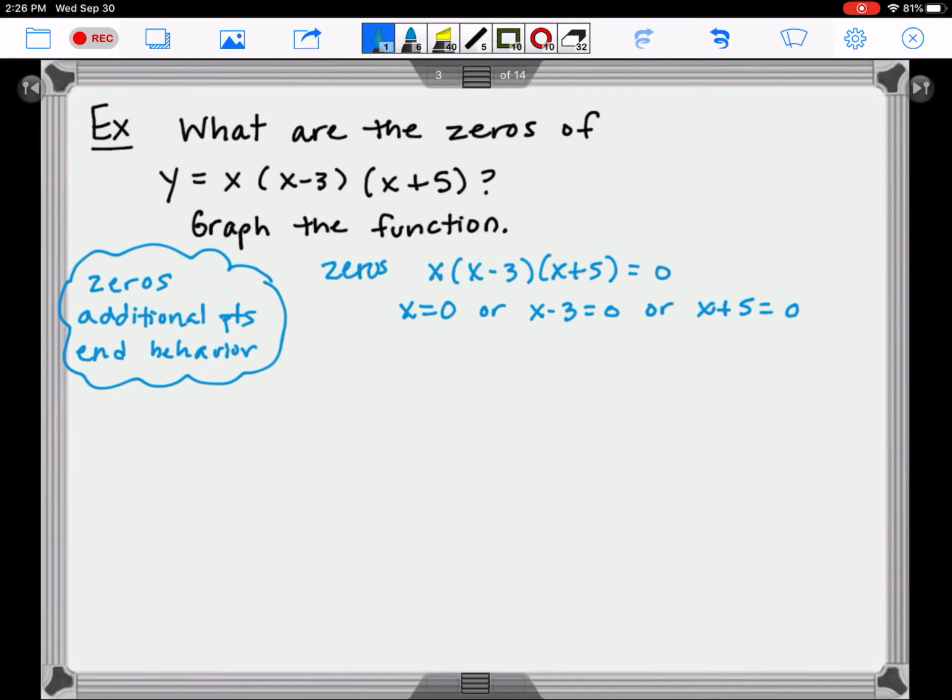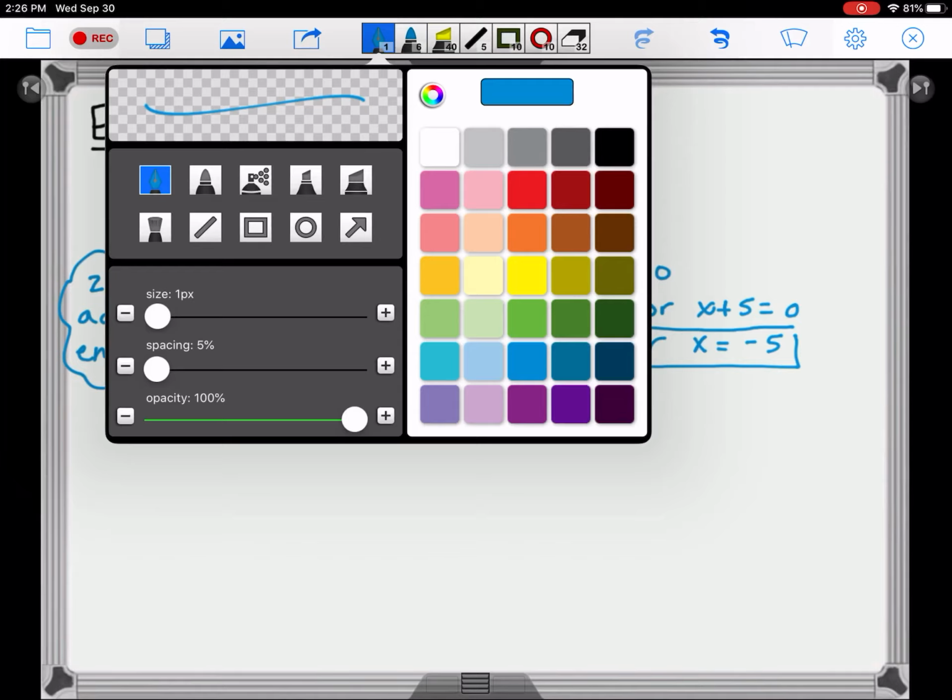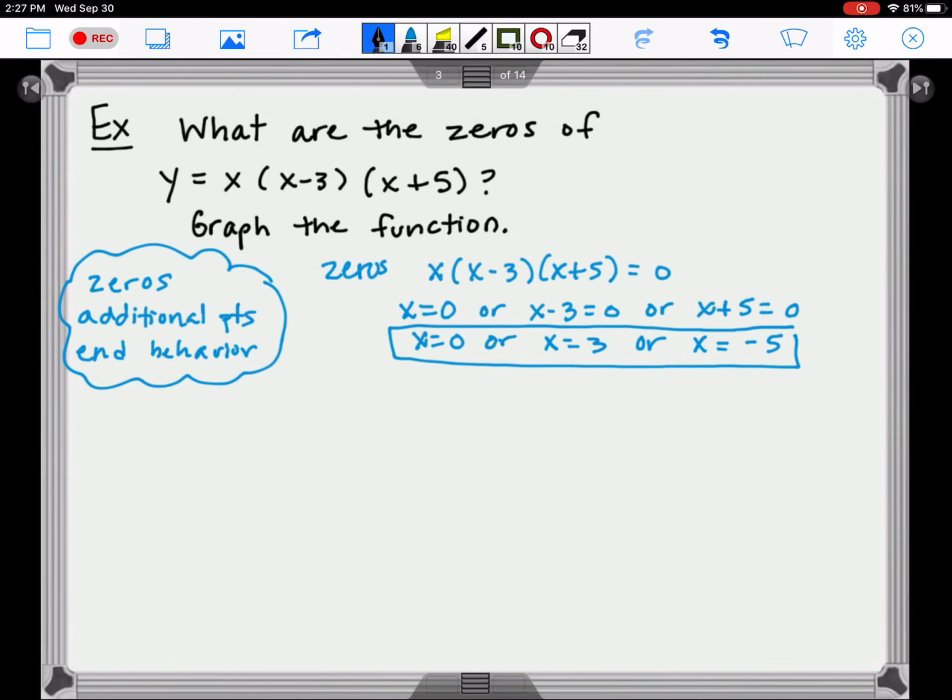That means x is 0, or x is 3, or x is negative 5. So the zeros of the function are negative 5, 0, and 3. I'm going to go ahead and start my graph over here.